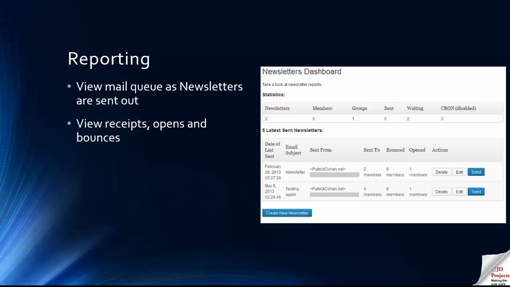An opened newsletter is one where they have viewed the entire newsletter content, including the images, and it's a secret image that's included into the template that is used to mark when somebody has opened the newsletter. So it is possible for people to see the newsletter, not look at the images, and therefore we can't tell if they have looked at the newsletter or not. The bounces, as we said already, are the customers to which you sent an email and the mail server at the other end has said, "Terribly sorry, this person does not exist."